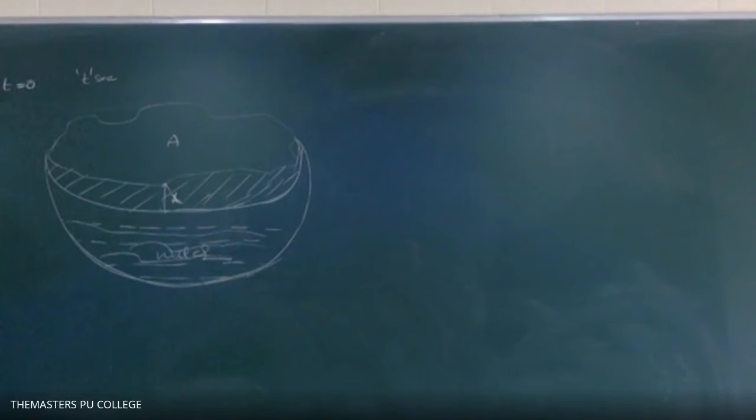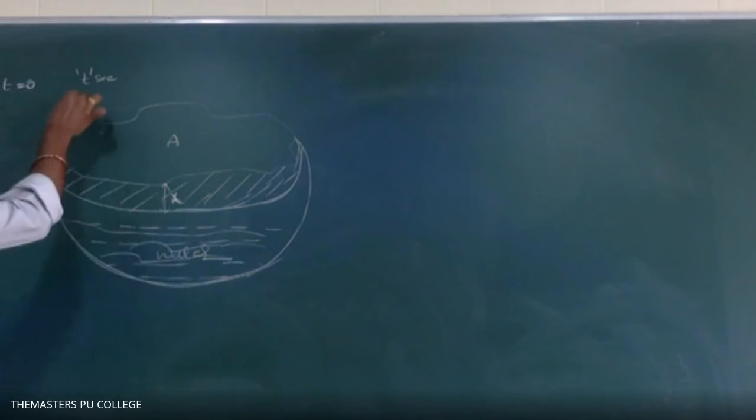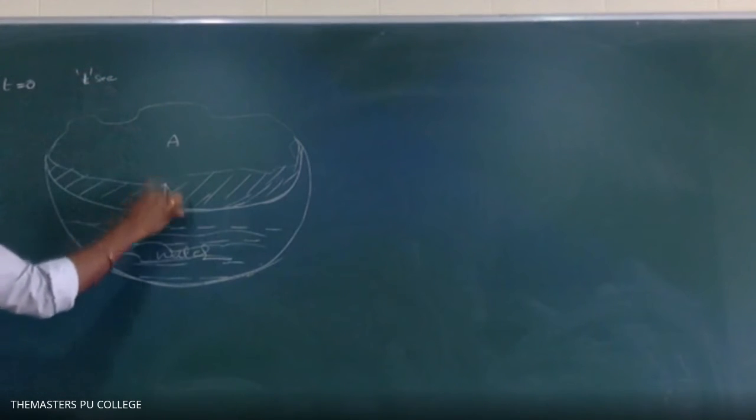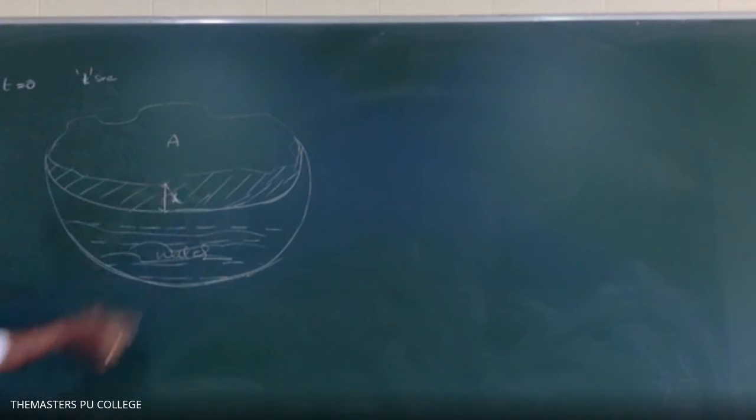So what is our wish? Our wish is to find how much time it will take for the ice layer thickness to grow from initially no ice, meaning thickness of the ice layer is 0, and after t seconds we notice the thickness of the ice layer is small x. That is, how much time it will take for the ice layer to grow its thickness from 0 to x.